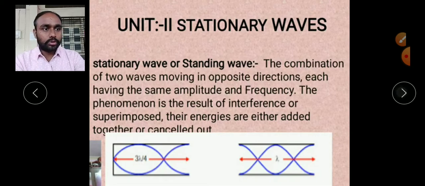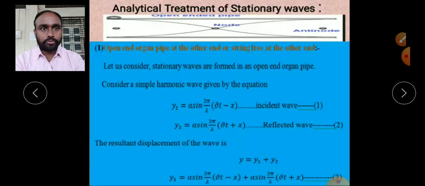If we move to the next slide, you will find the name of the article, analytical treatment of stationary waves. Now again I have drawn a diagram in which both the ends of the pipe are open.